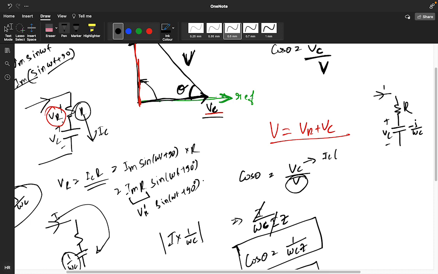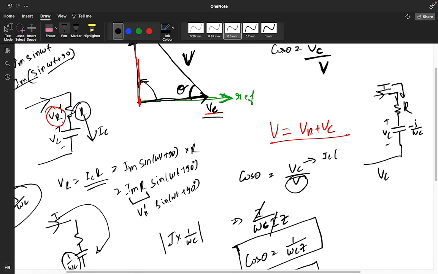We are taking IC only, so just suppose this is the current I only. I and IC both are the same. What I am trying to say is, this I is flowing in this particular capacitor, because it is in series. So what is VC?